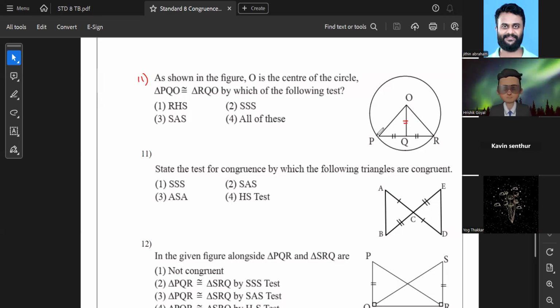Yes. All of these require same amount of effort because this is radius. So SSS से तो हो ही जाता है. And this is 90. So RHS से भी हो जाता है. SAS से भी हो जाता है. तो टेक्निकली सारे के सारे के लिए तो सेम एफर्ट है.